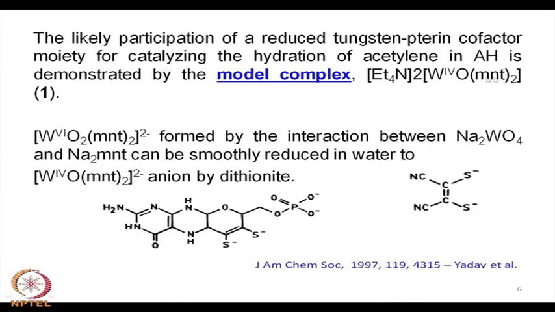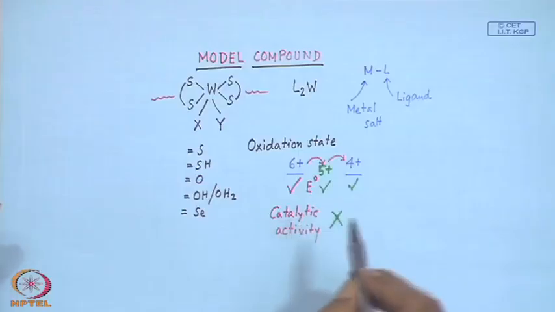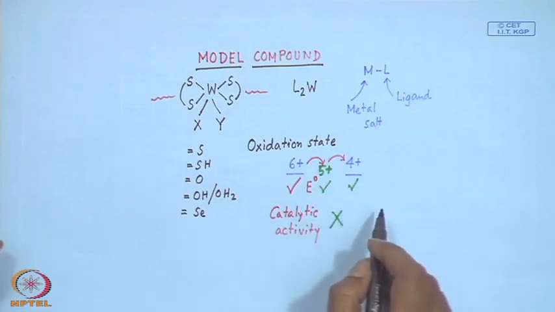ML2 is in our hand with a sulfur-bearing ligand, and tungsten in the tetravalent oxidation state is prepared, and we get a corresponding tetraethyl ammonium salt, which is then utilized for the transformation. So next day we will see how these model compounds can be utilized for the corresponding catalytic activity. Thank you.